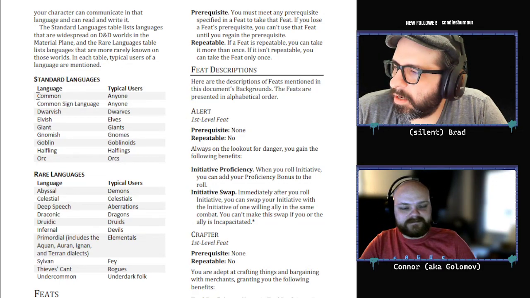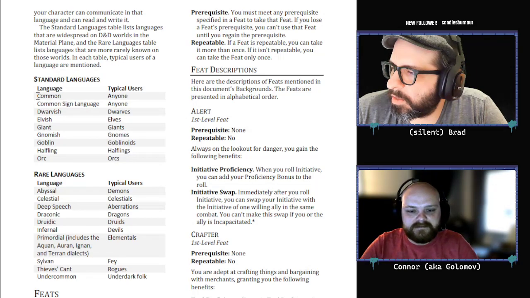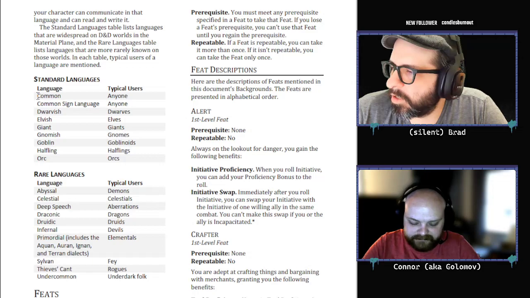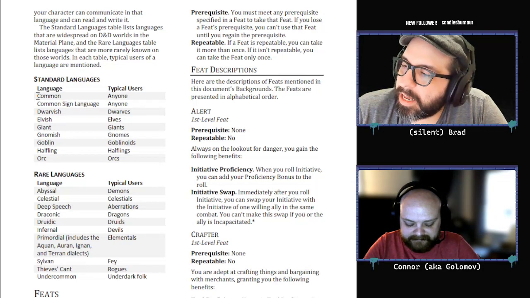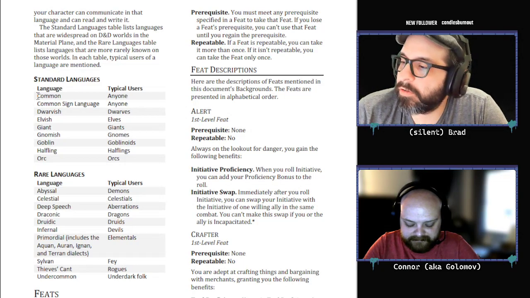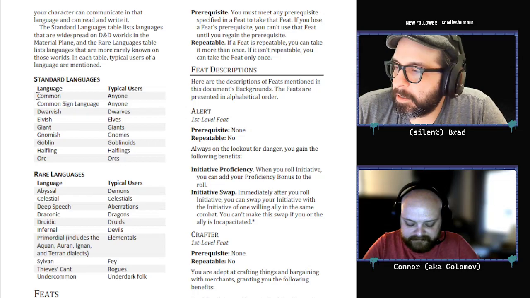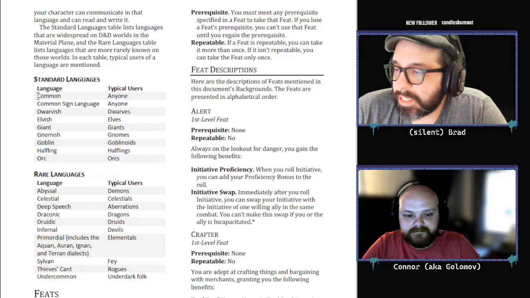And then there's nothing else that is different, although they're calling Aquan, Auran, Ignan, and Terran dialects rather than separate languages. So that's interesting.